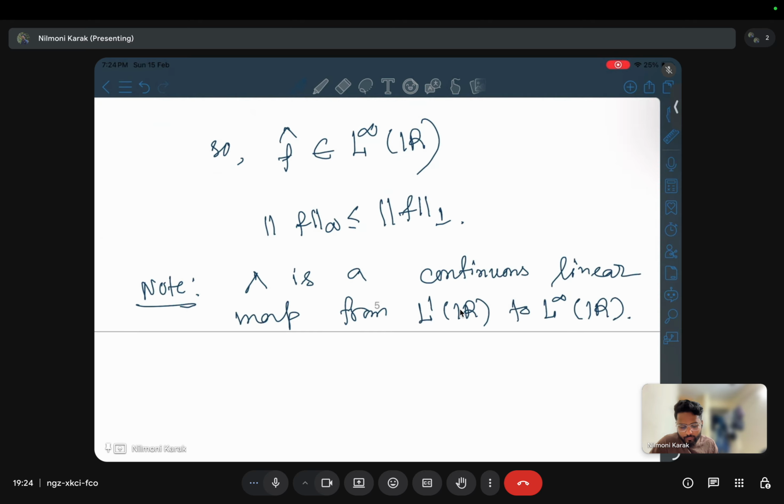Now, for the Fourier transform, what is the Riemann-Lebesgue lemma?